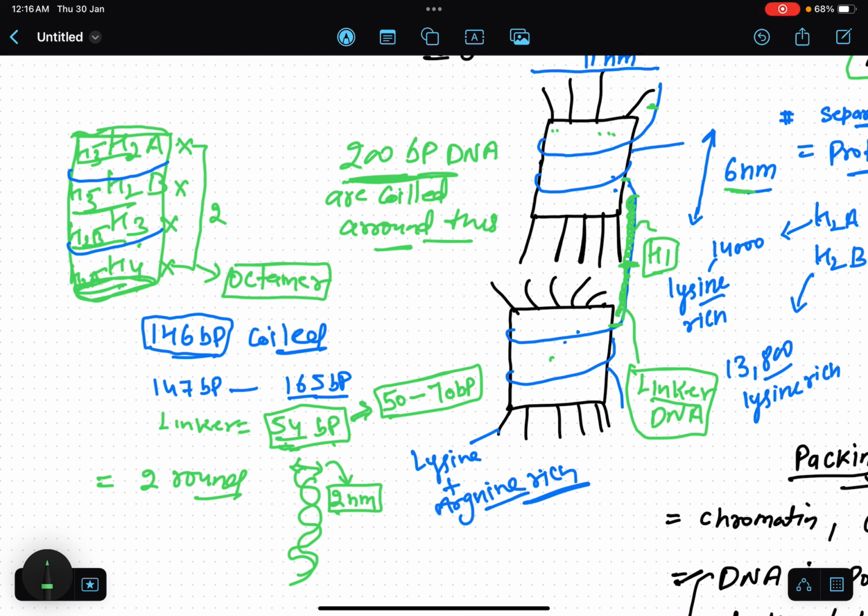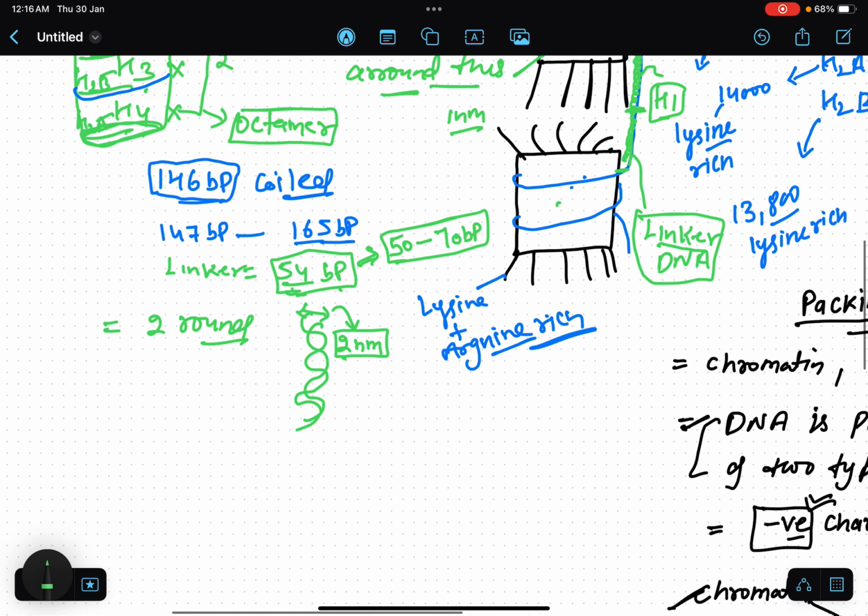So it coils around 2 nanometer, then 2 nanometer. What is left? Only 2 nanometer. So 1 nanometer is left on the upper side and 1 nanometer on the lower side, and the remaining 4 nanometer is where DNA is coiled.